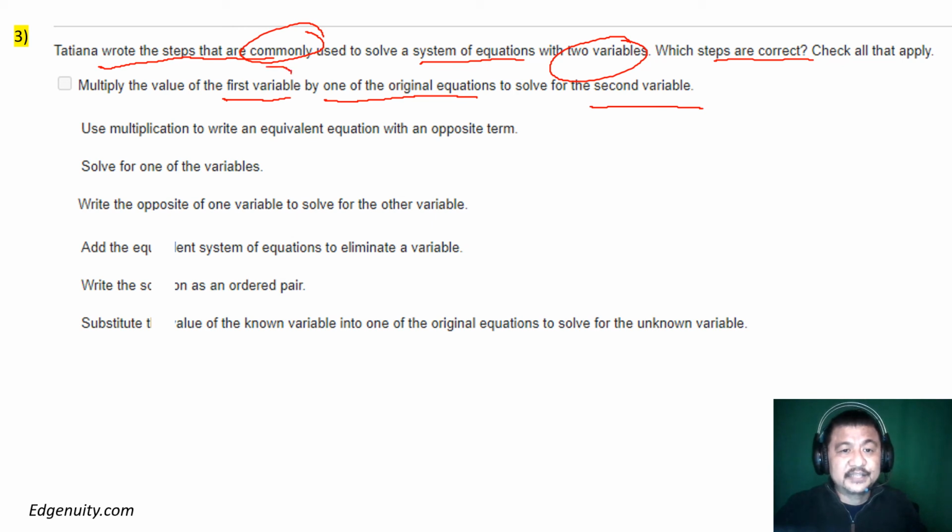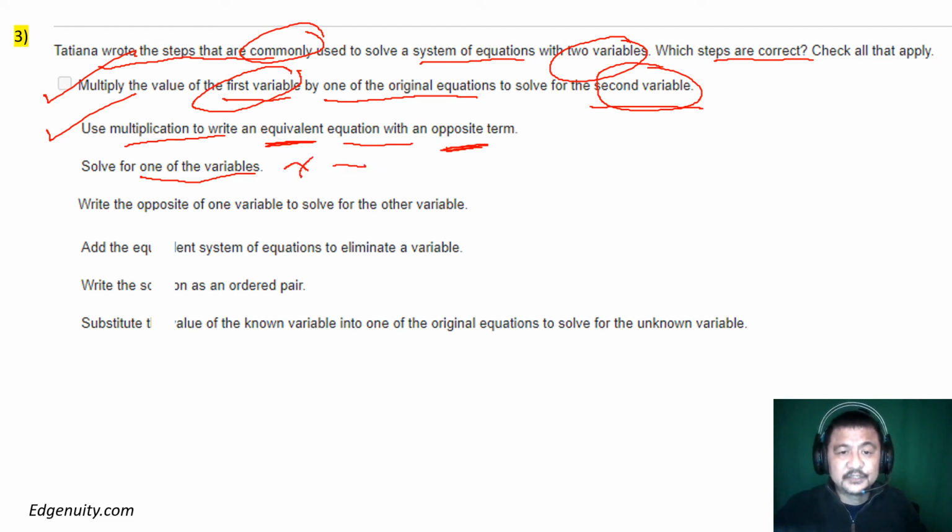You solve for x first, and then you solve for y. Yes, we did that. Use multiplication to write an equivalent equation with opposite terms, so that you can eliminate. Yes, we did that. Solve for one of the variables, of course. Solve x first, and then solve for y, or the reverse.